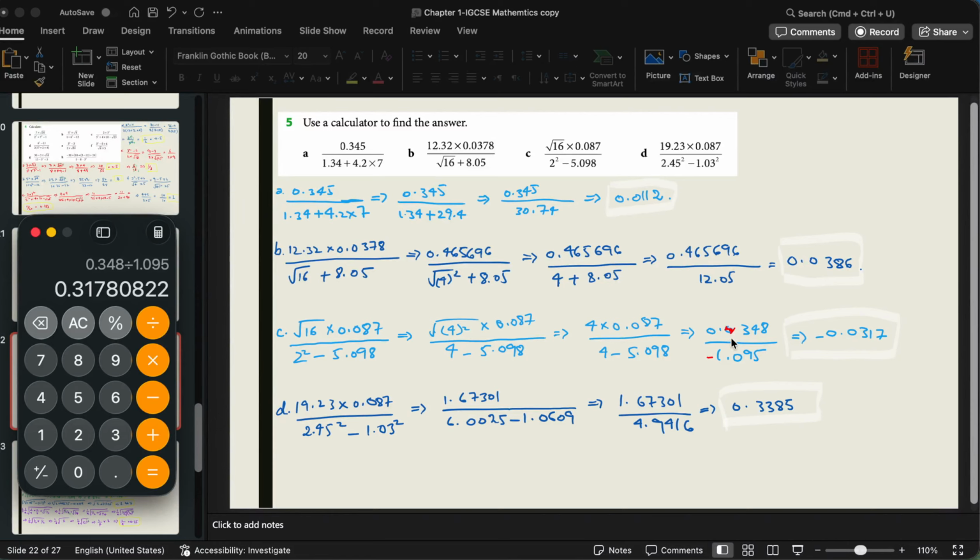So in here I had 0.0348, therefore I received 0.0, but it will be 0.3, and this negative sign will remain the same.